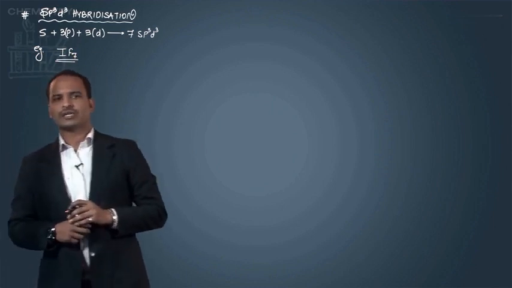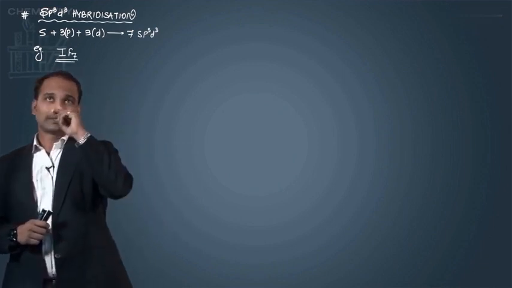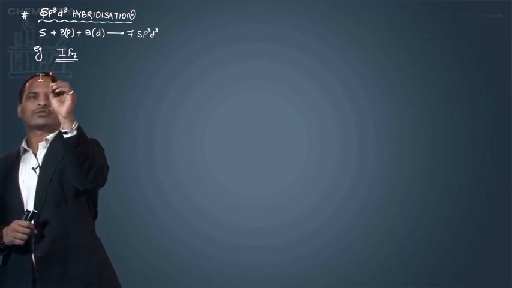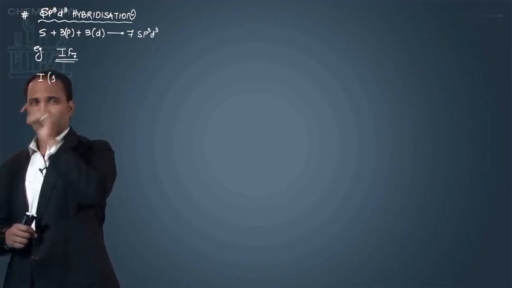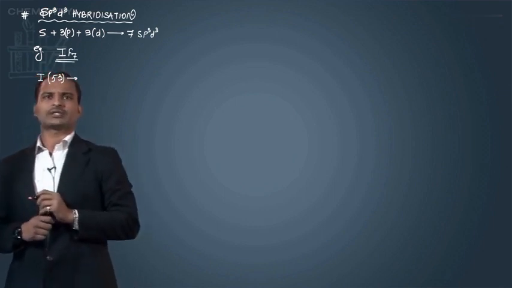IF7 is called an interhalogen molecule, where two halogen atoms combine together. Here iodine is the central atom, whose atomic number is 53.